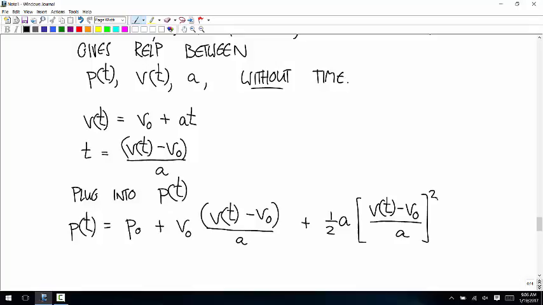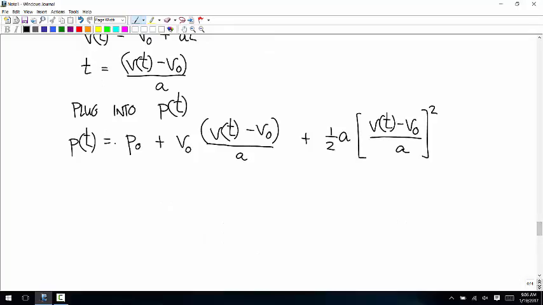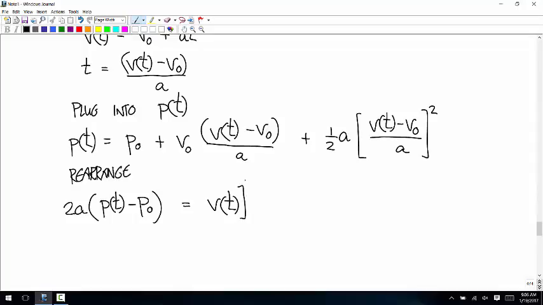And you end up with this sort of ugly looking relationship between positions and velocities and accelerations. If you rearrange it, I'm not going to go through the algebra of it all, but you get this relationship that says 2 times the acceleration times the quantity position minus p0 is equal to the velocity squared minus v0 squared.